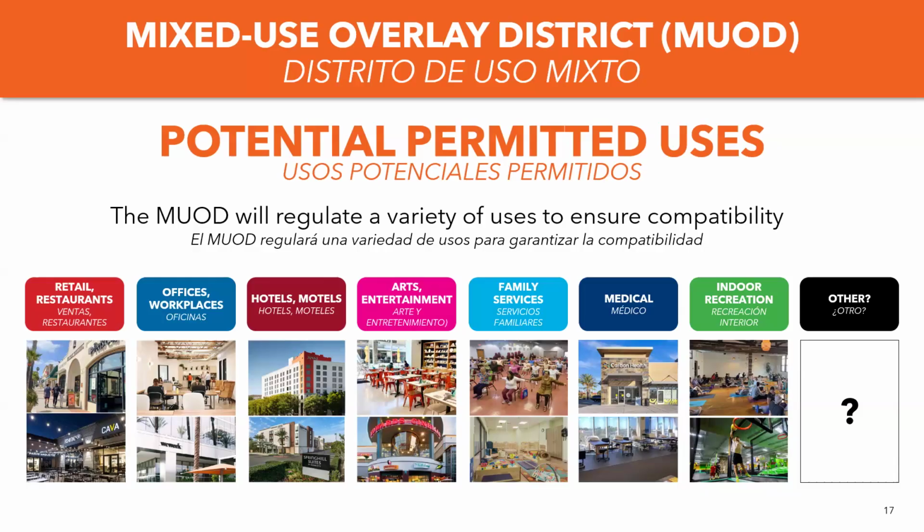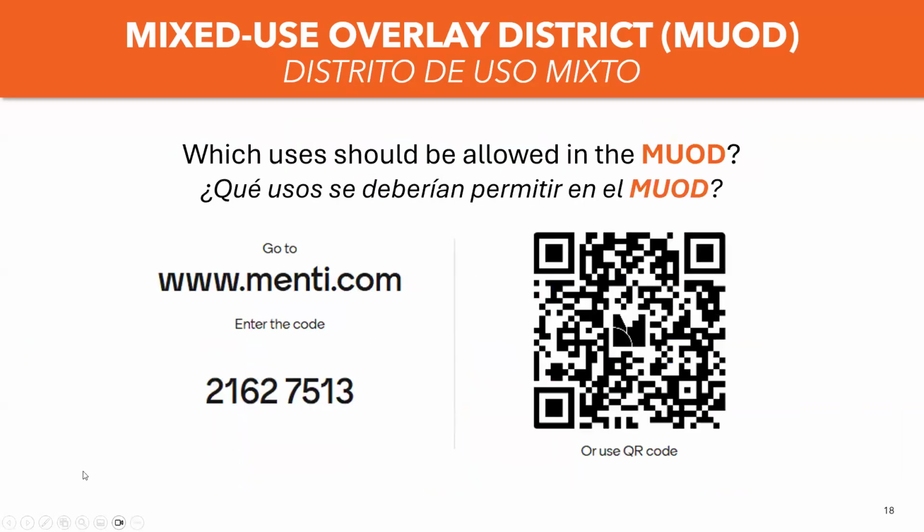Or you can tell us of other uses that we maybe have missed, or thoughts in general about the uses. So with that, we can go to our first interactive question where you can let us know your thoughts. So Christian, back to you.